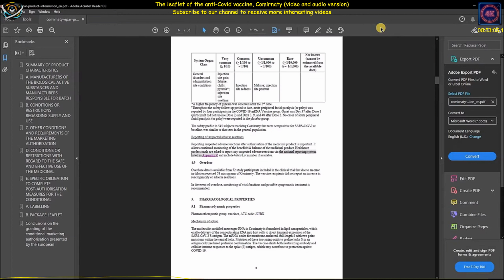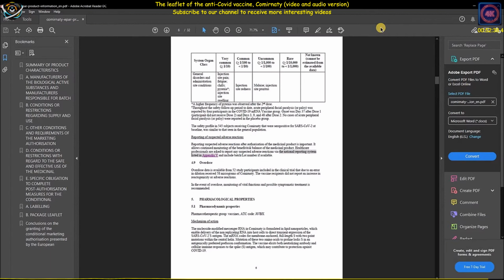Not known, cannot be estimated from the available data. General disorders and administration site conditions: injection site pain, fatigue, chills, pyrexia*, injection site swelling, injection site redness, malaise, injection site pruritus. *A higher frequency of pyrexia was observed after the second dose.